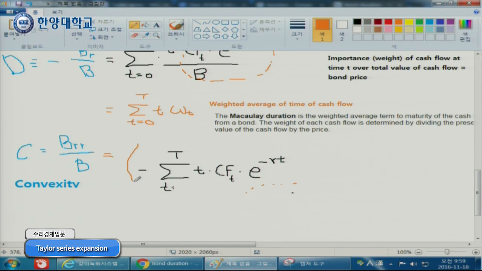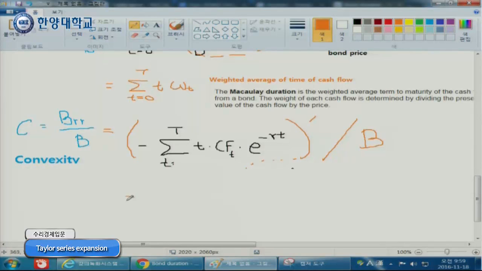And then we want to take the derivative with respect to R again and divide by P. Well, if we take the derivative again, T comes in front of it again. And this is the sum from T equals 0 to big T.